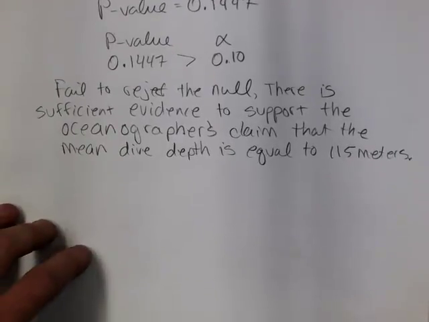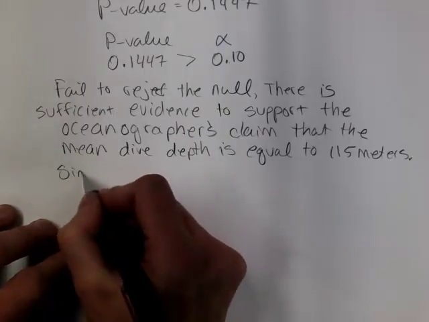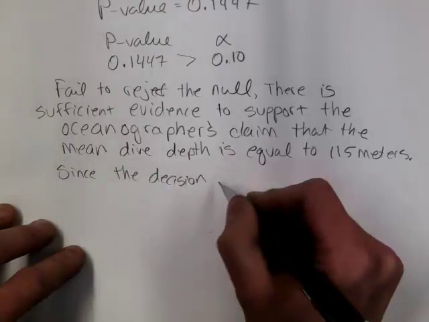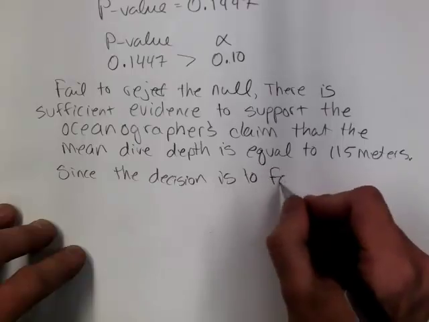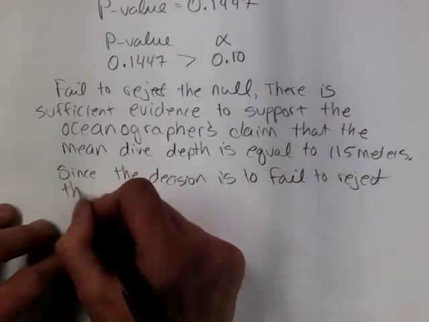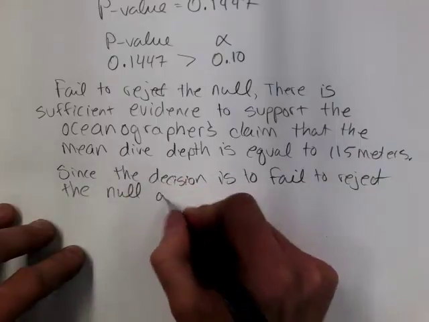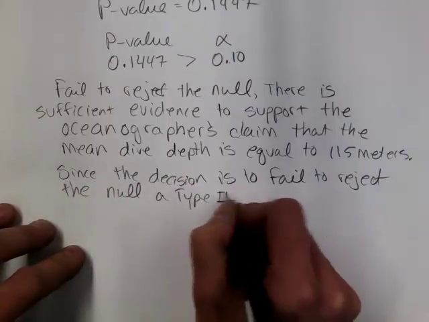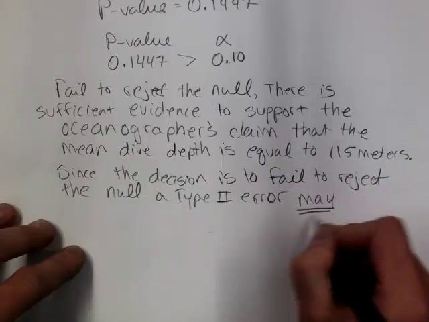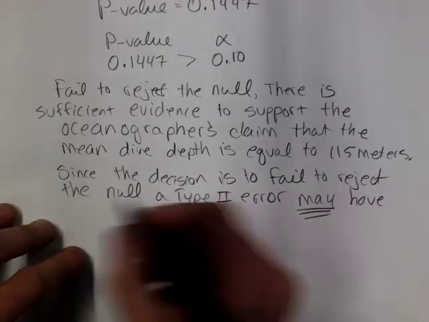So what type of error may have occurred? A type 2 error. Since the decision is to fail to reject the null, a type 2 error may have occurred.